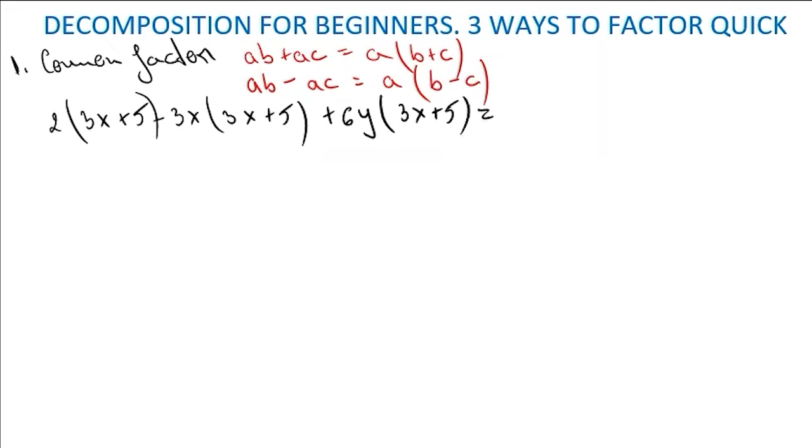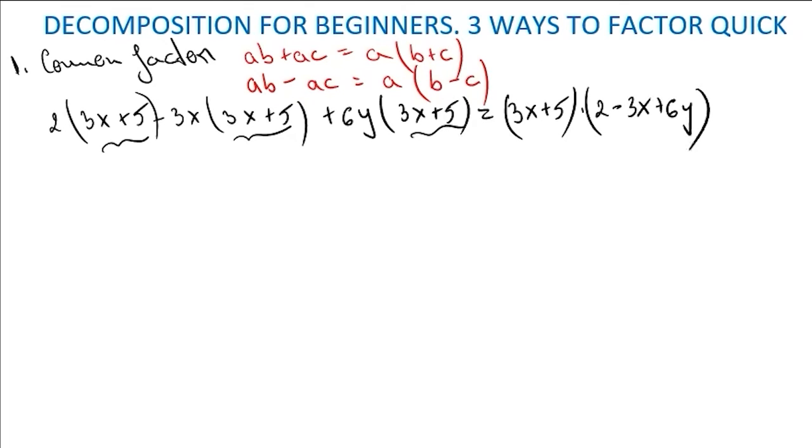I observe here that 3x plus 5 is a common factor, so I'm going to factorize it. So we have 3x plus 5 multiplied with the rest, 2 minus 3x plus 6y. This is the first method.